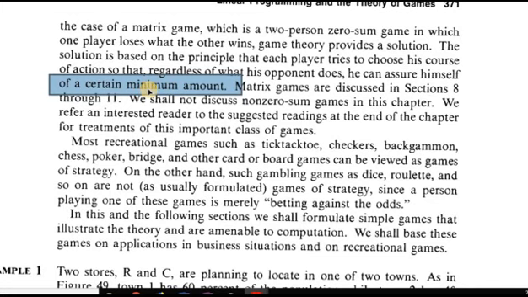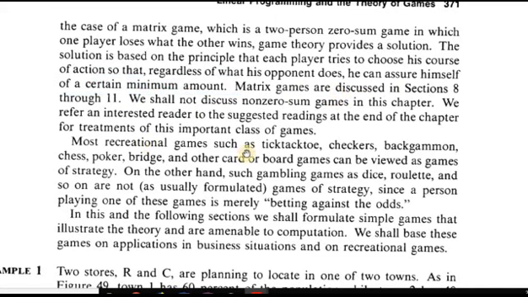So you should try to accommodate that predisposition that he has, that he's going to try to get the best possible result, and you should counter with a strategy that limits his best possible result to be as small as possible. And if you do that and he does, then he should also do it if he's an intelligent player. So you both play in this way that you want to maximize your minimum gain. All right, so matrix games are discussed in chapters 8 through 11. We shall not discuss non-zero sum games in this chapter.